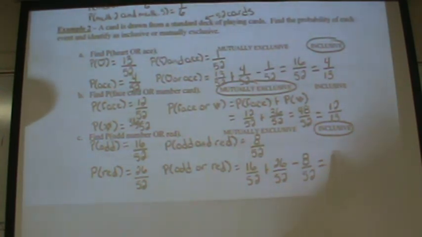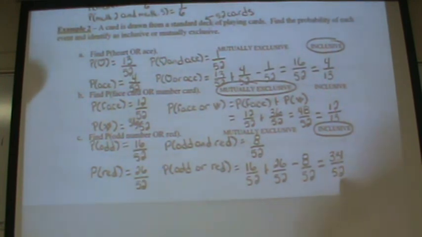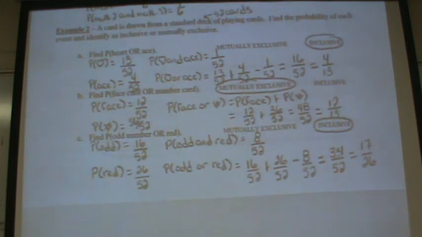And you should get 34 out of 52. And then this fraction reduces to 17 out of 26. So there's a 17 out of 26 chance of drawing either an odd number or a red card.